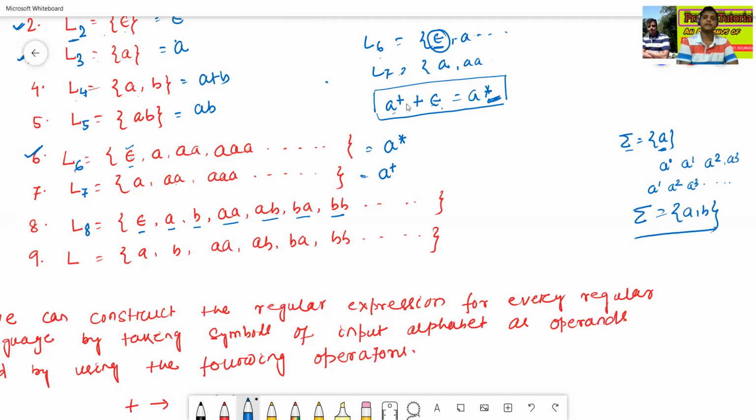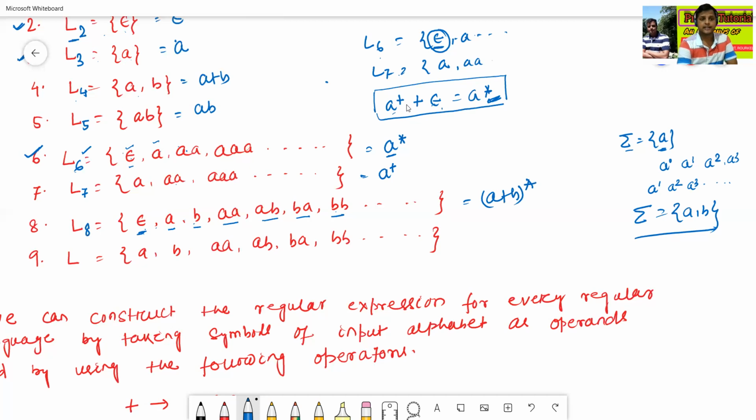In language 6, it contains all combinations of a, so it is a star. Since language 8 contains all combinations of a and b, the regular expression is (a plus b) whole star.